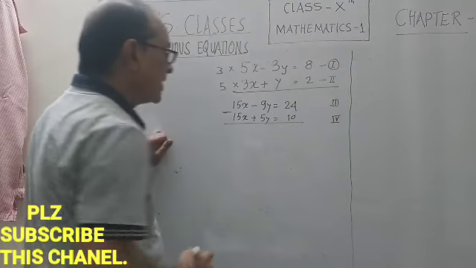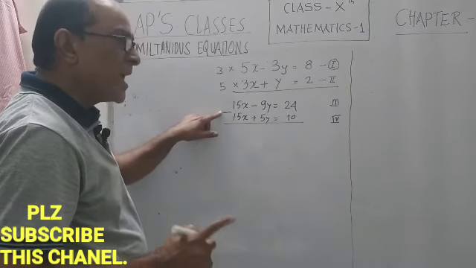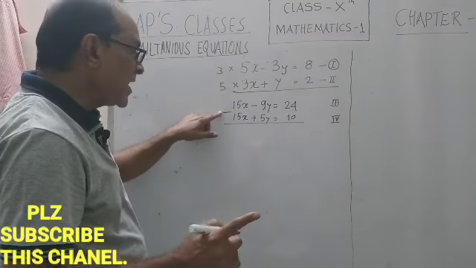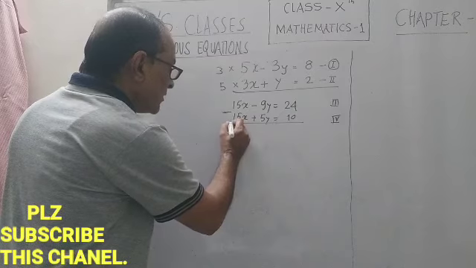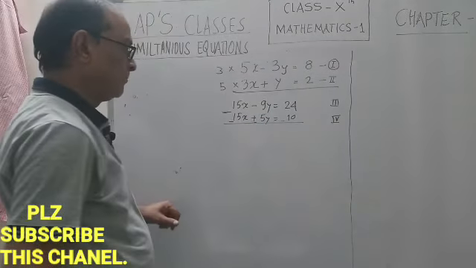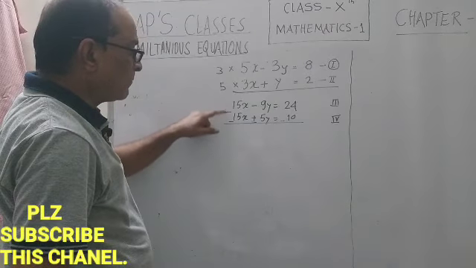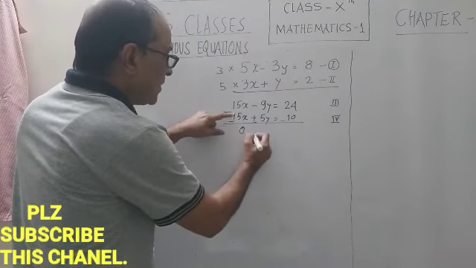Now what will be the answer, you say? When you say it is minus, then obviously I need not tell you, you have already done it, all the symbols are getting changed. When it is plus, it will be minus. 15x minus 15x, that will be 0.